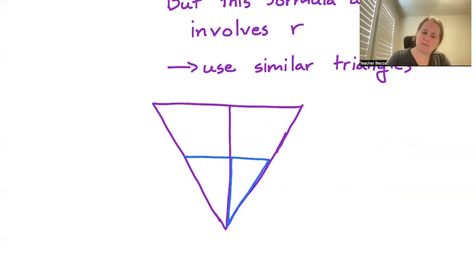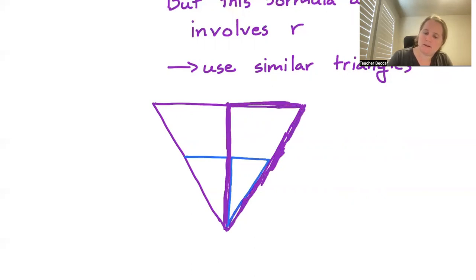These triangles are similar. So if I make the large triangle bold, sort of around that blue triangle, we have similar triangles.